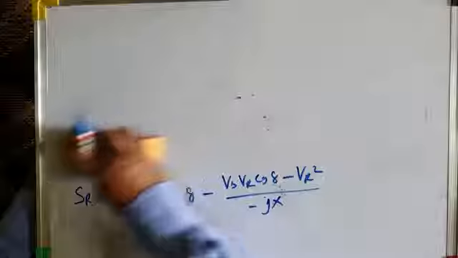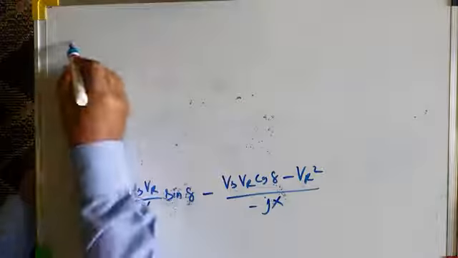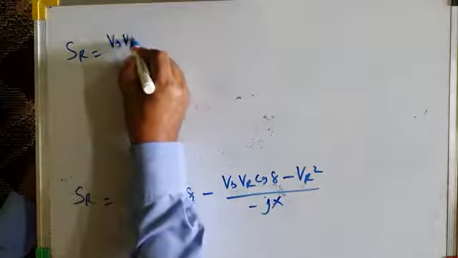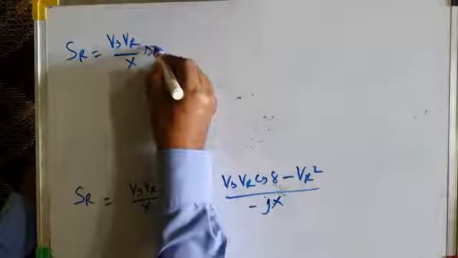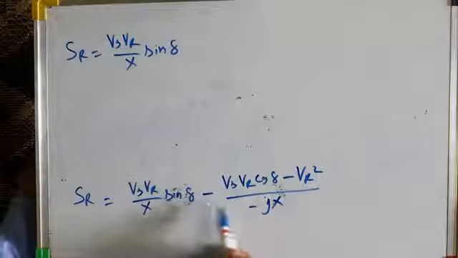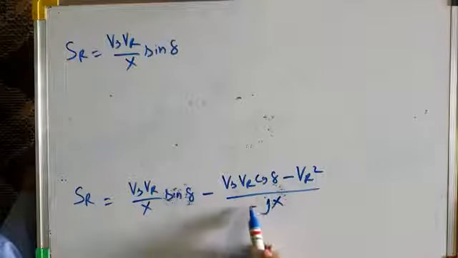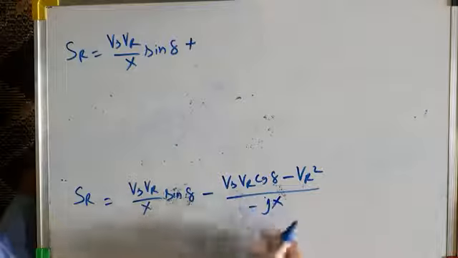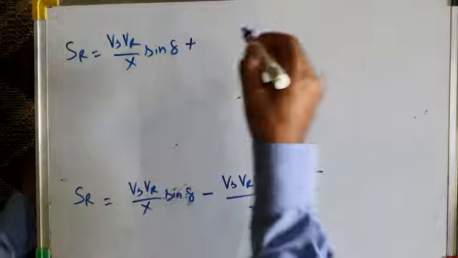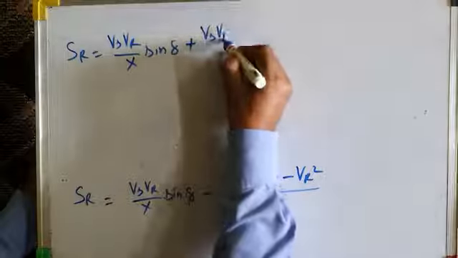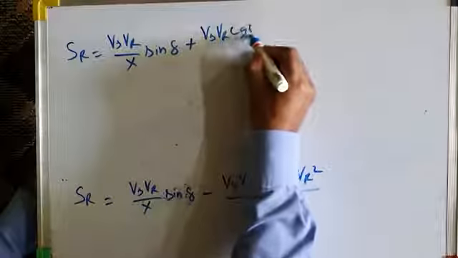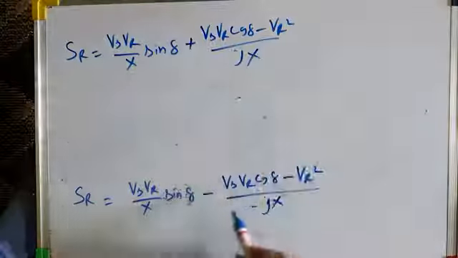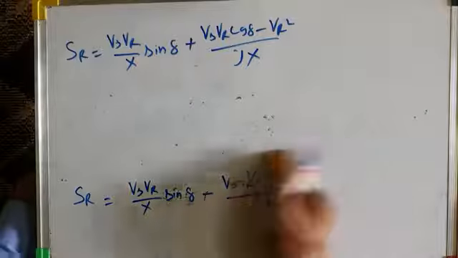So this will become SR is equal to Vs VR by X sine delta. Now you can see this is minus J, this becomes plus, but when this J goes up, let me first write Vs, I will do it step by step, Vs VR cos delta minus VR square by Jx. This minus and minus cancel, it becomes plus.